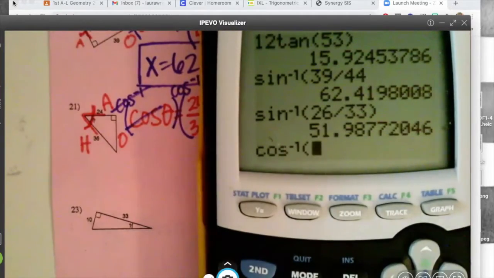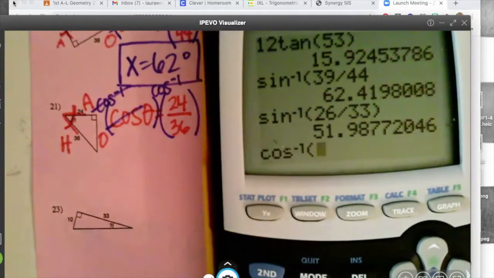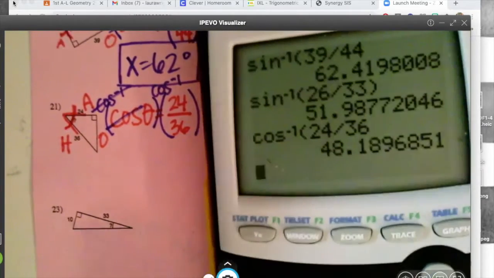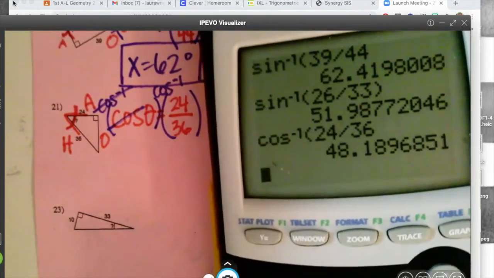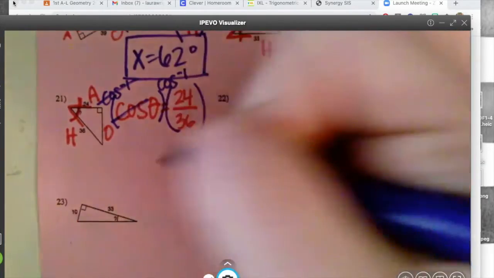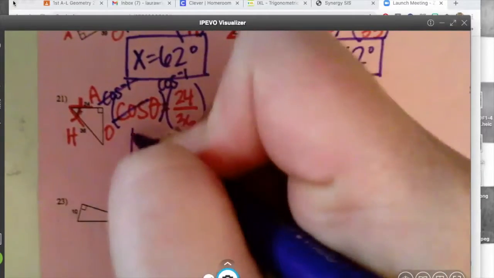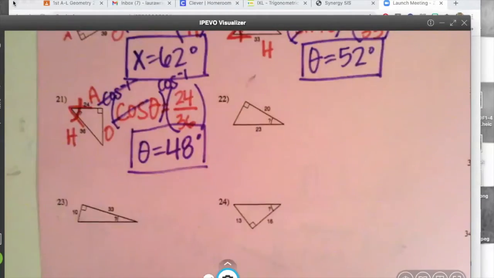So we type in the inverse cosine, and 24 over 36. So 48, because the 1 won't make it round up, it's just 48. Theta equals 48 degrees. What questions do you have?